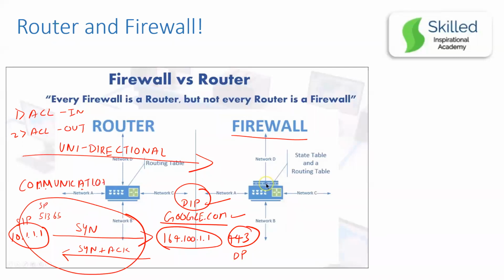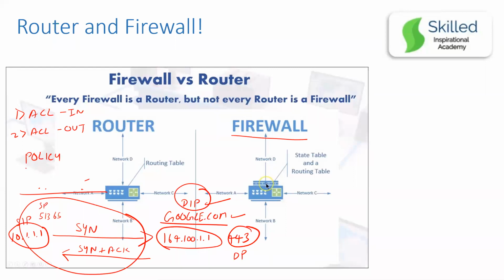Now, logic says that if it is the same communication, right? Guys, mute yourself. So if it is the same communication, there should be a better way to ensure that I would be able to use just one policy and make sure that I'm able to access that particular resource, right? So one of the ways a firewall is different from a router is that rather than creating two ACLs for the same communication or for the same traffic, I would have just one policy.